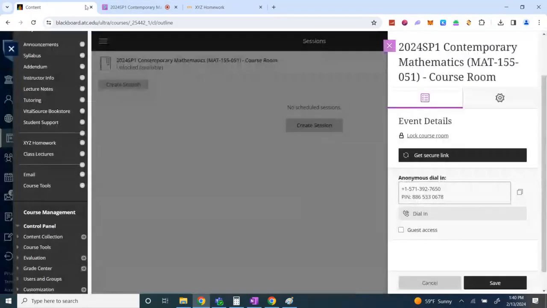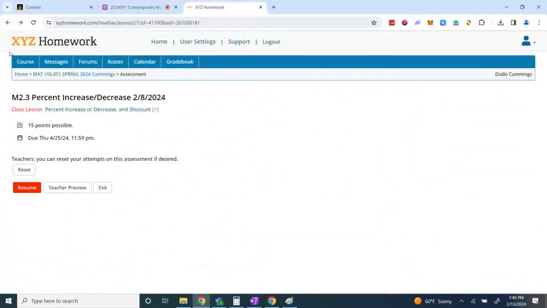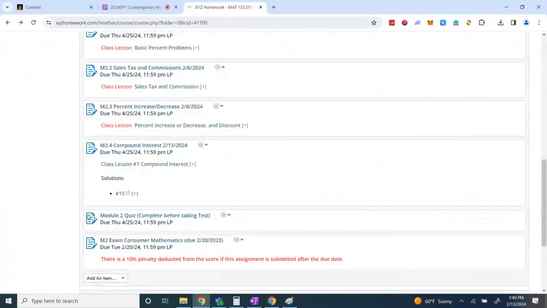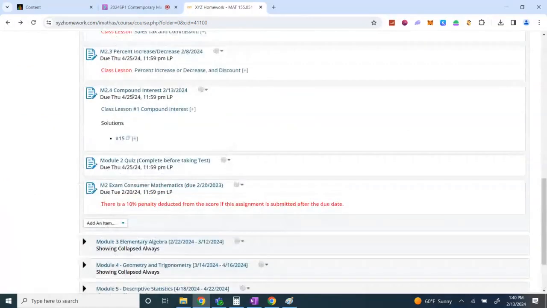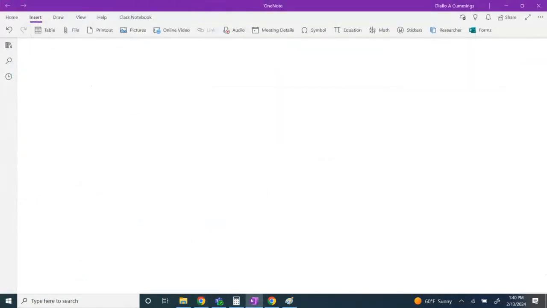All right, so let's take a look at the last section, and it deals with simple and compound interest. All right, so here are the formulas for that. The simple interest formula is I is equal to P times R times T. This simple interest formula only gives you the amount of interest.